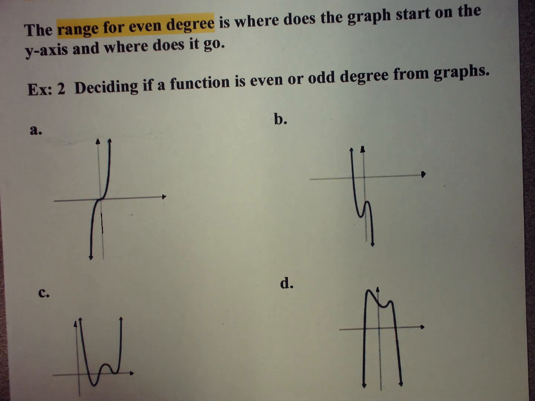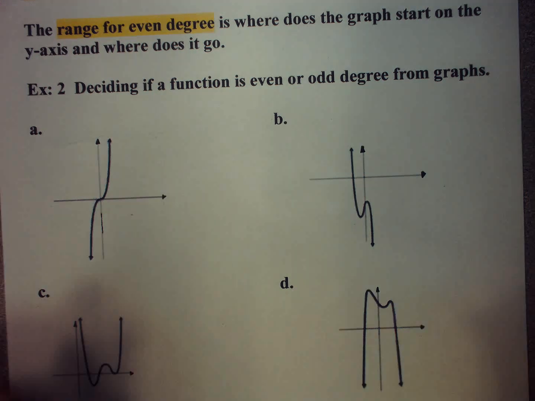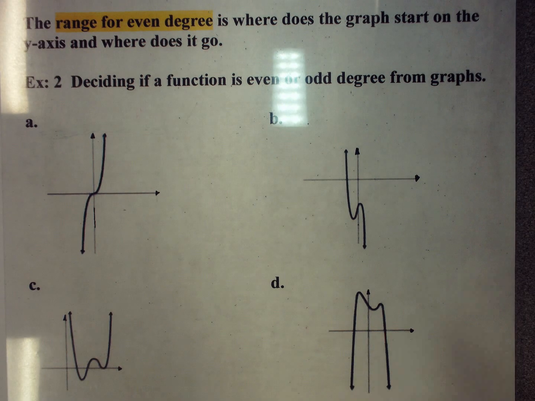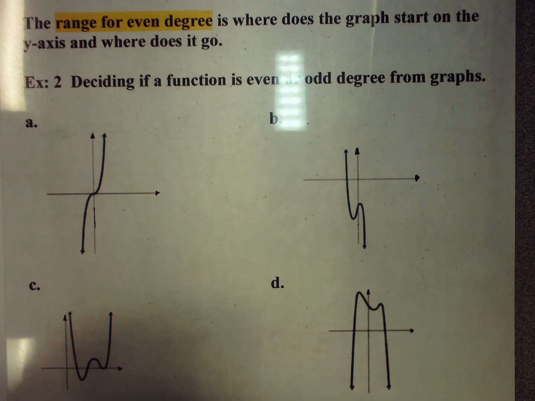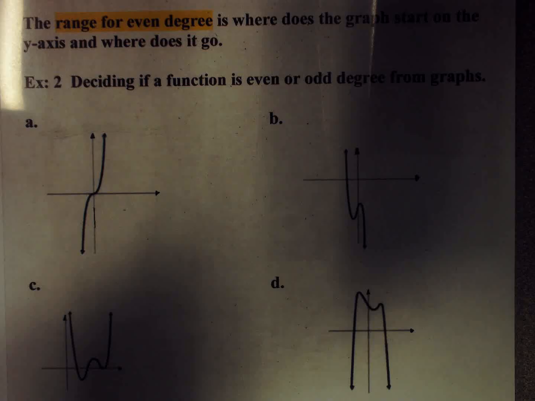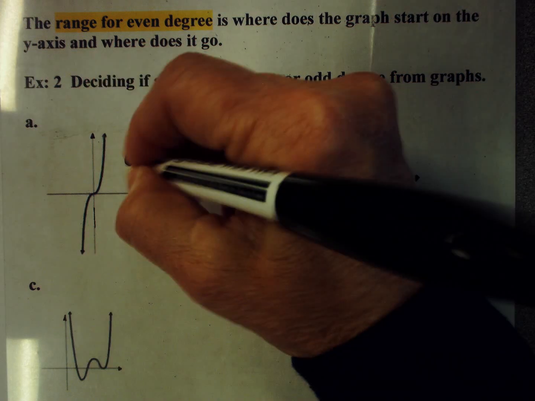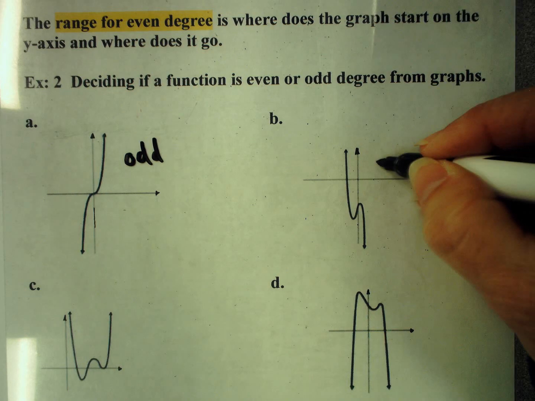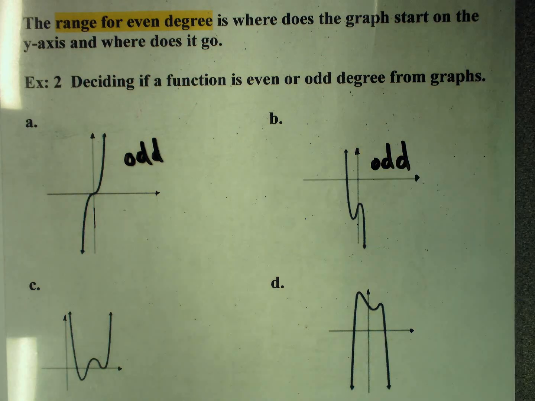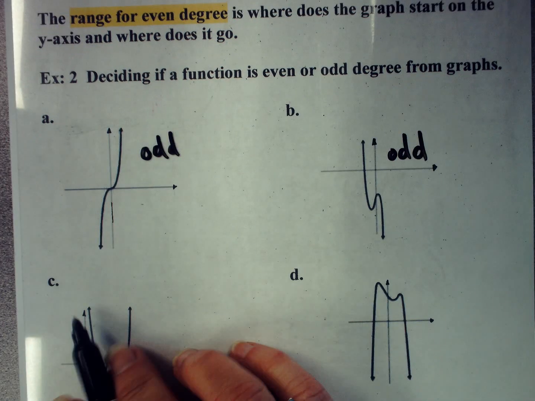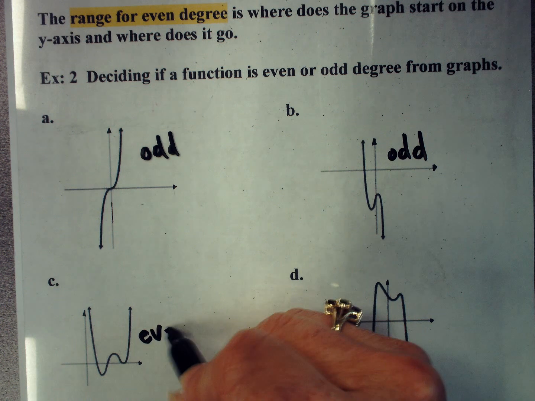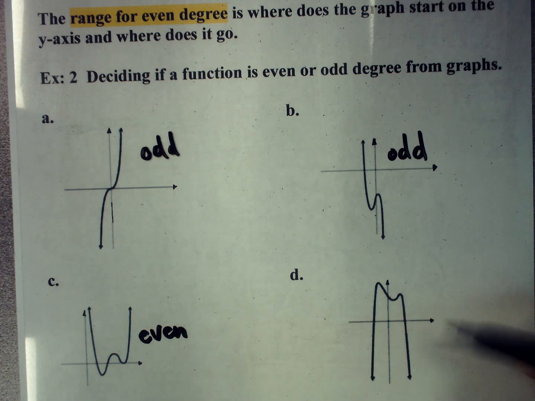Therefore, it's going to be even. So that ought to be fairly easy to remember. So this one is odd. This one is odd, but it's negative because it's going in the other direction. Both going in the same direction, even. Both going in the same direction, even.